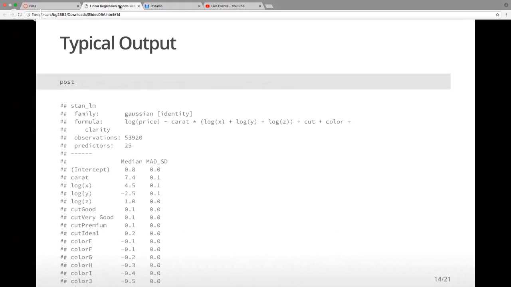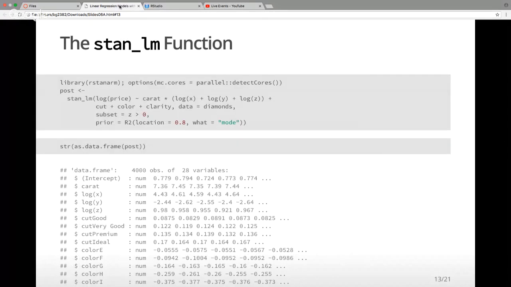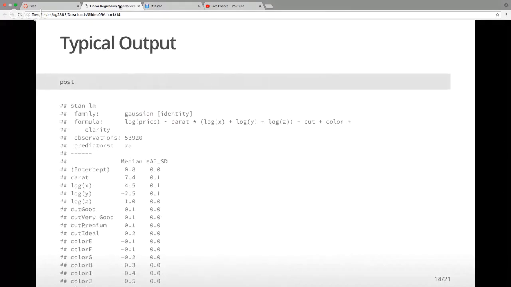So if you just type print(post), where post is the object that I saved the stan_lm stuff to, you get this, which looks perhaps deceptively similar to what you would get if you did frequentist output. These in the left column here are the posterior medians. On the right, we have estimates of the posterior standard deviation that are a little bit robust to weird stuff in the tails.